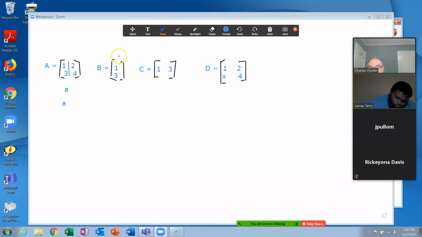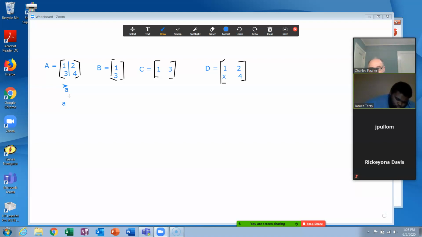Now, that is way too big an arrow, but that would be a sub 1. I'm sorry, I didn't put my 1 down there. But vectors are usually either bolded lowercase, or, if they're not bolded, you put an arrow over it.